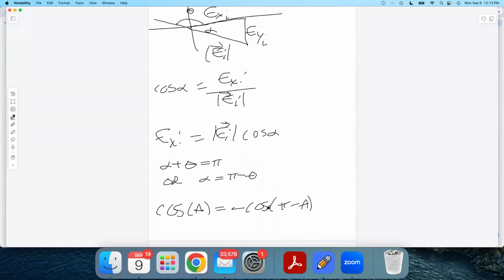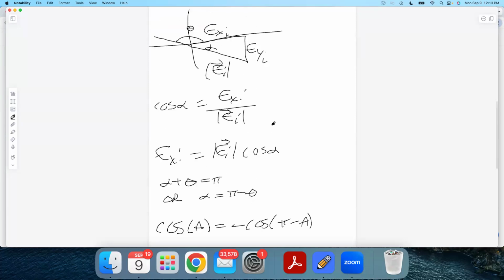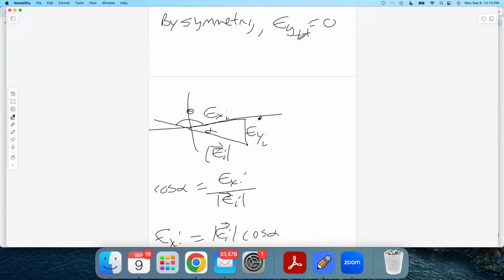And for years, I did this problem, like we would do it together in class, and at the end of the day I would end up with this weird negative that just appeared out of nowhere. I could never figure out where it came from. I kept getting the wrong answer. And we would just make the argument in class that we know E_x has to be positive.